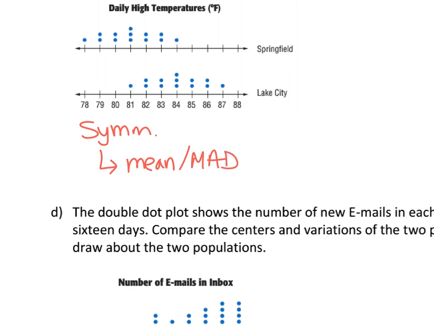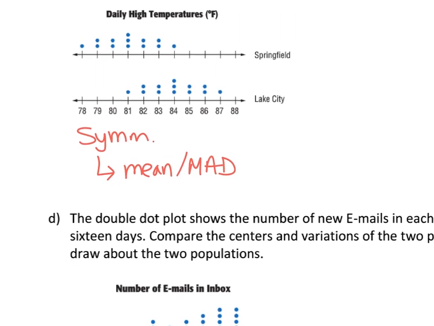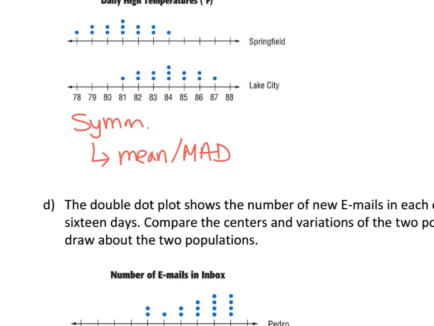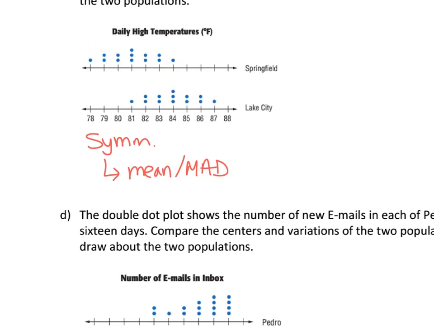Here's what's really great about finding the mean or average on symmetric data. Because it's symmetric, the mean will be the peak. It'll be the center number, no matter what, as long as it's symmetric.